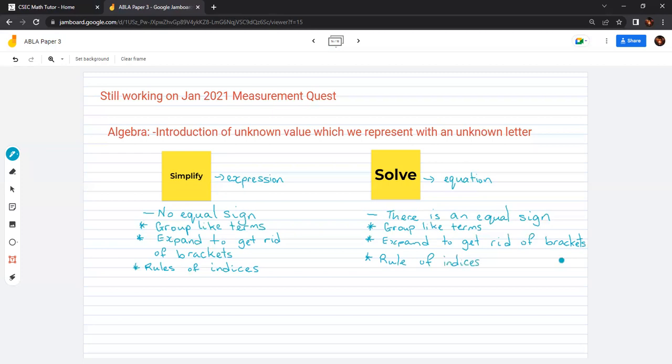Now, in simplifying, let's say we were looking at grouping like terms.